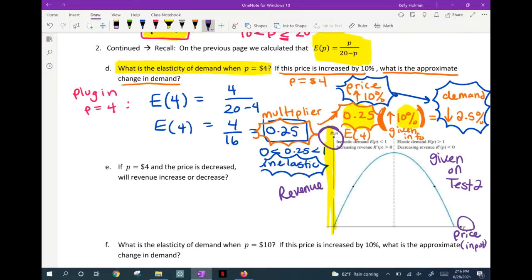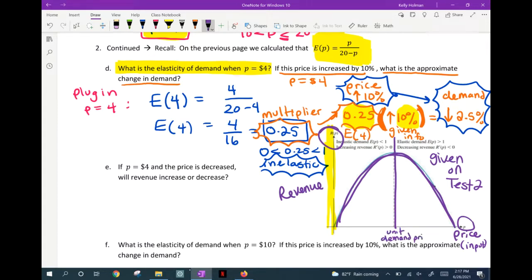Price is on the x-axis. So this curve right here, this is my revenue curve. Revenue goes up, it hits a max, it comes down. And that curve gets cut in half in the diagram. So wherever it's cut in half, that's your unit price. So this is going to be that unit demand price.